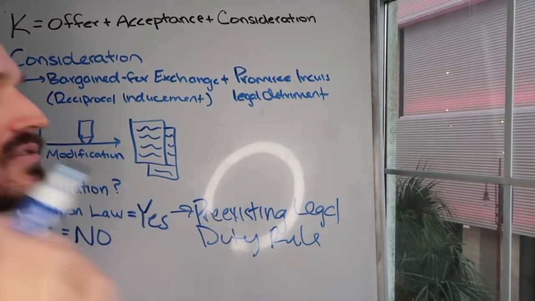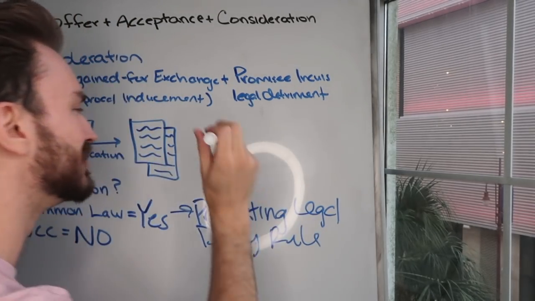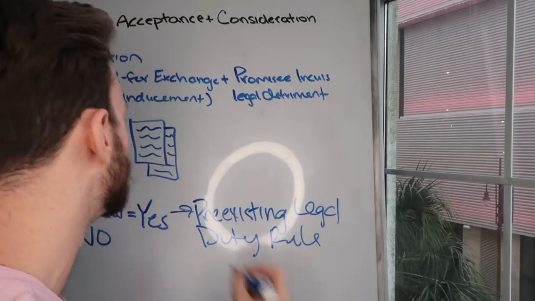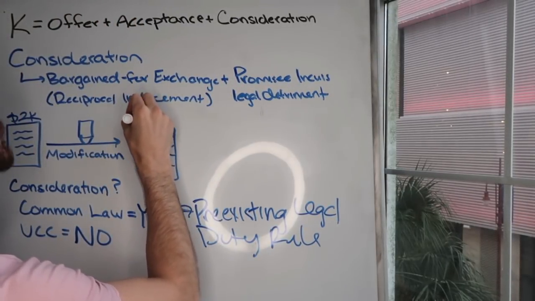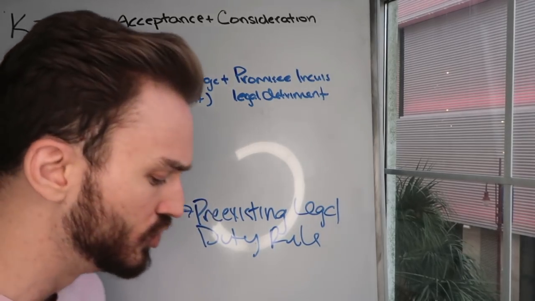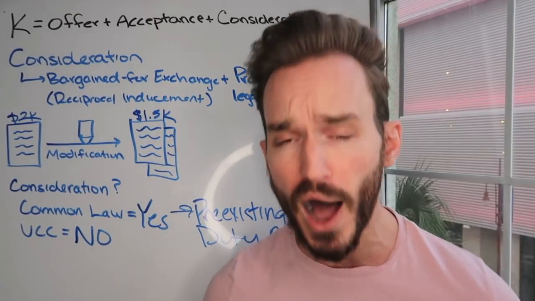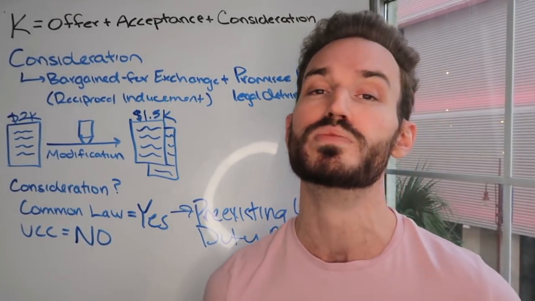Absolutely. Let's do this. So I whip out a pen and I mark up the new lease. I mark up this modification to say, on the original contract, let's say I pull out the pen and I cross out the $2,000 and I write in 1.5K. I write in $1,500 instead of $2,000. Say we both initial that change, we both sign at the bottom that we agree to the new price change.